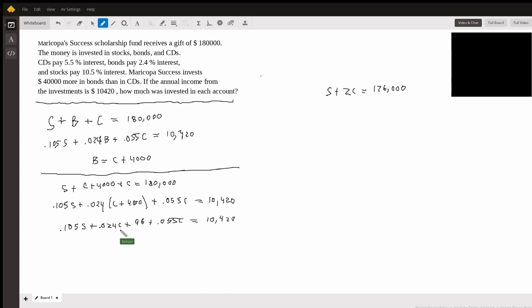We're going to combine like terms. I have 0.105s. On the c's, I have 0.024 plus 0.055, that's giving me 0.079. And then on the constants, I've got a 96. That's all.